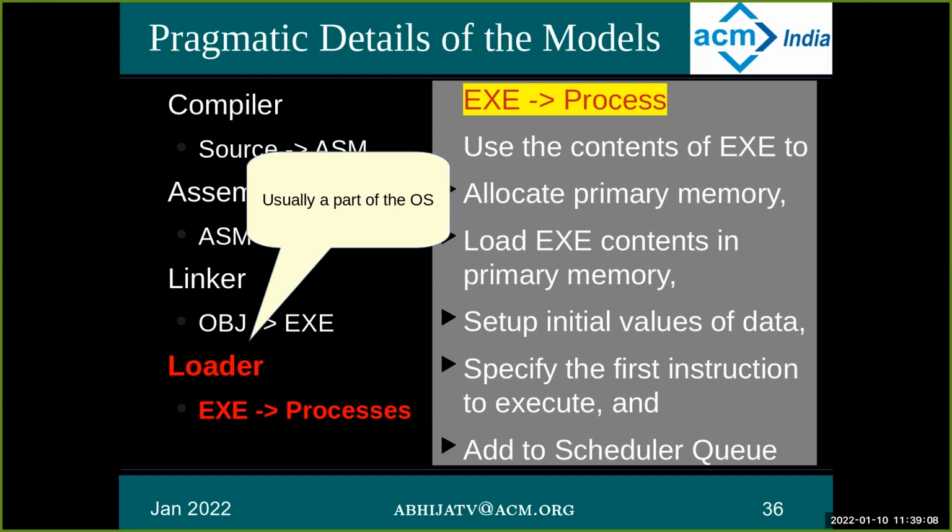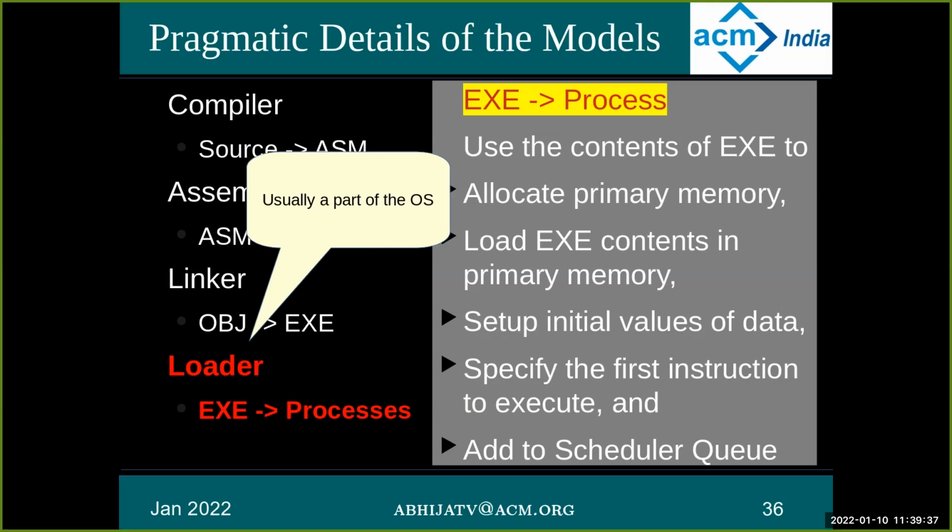So notice that exe, the executable, is just a file on your secondary memory. Okay, somewhere in your directory tree, there is this file, the executable file, right? And it contains your code section, the .text, data section, .data, but all in binary.